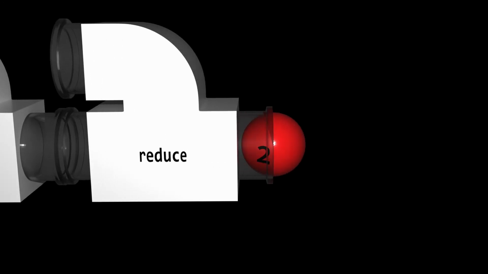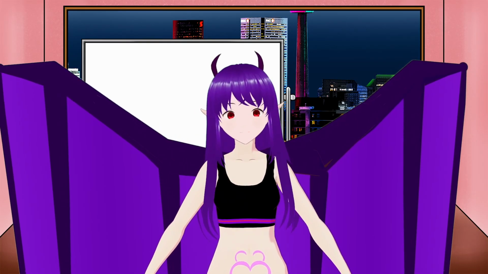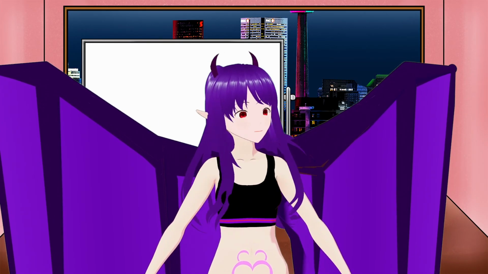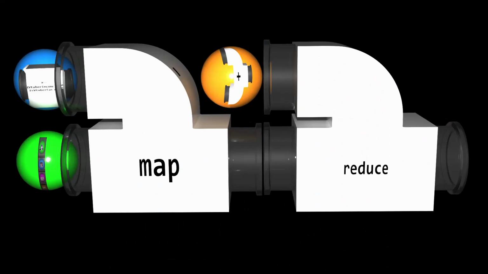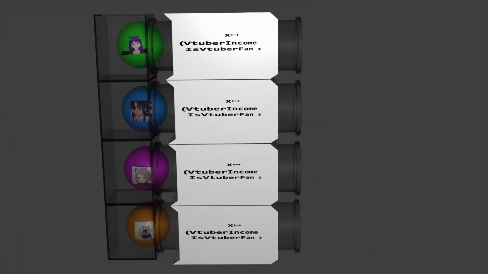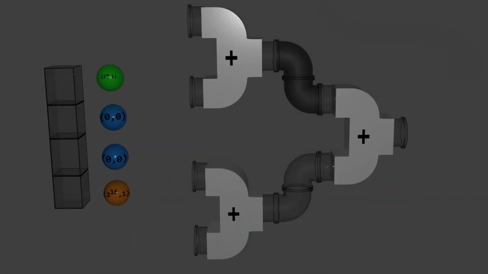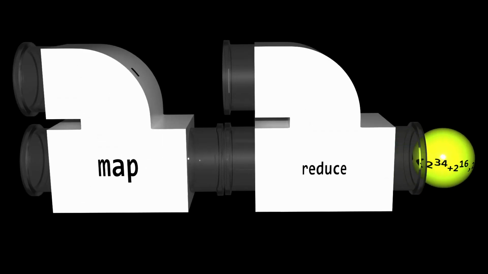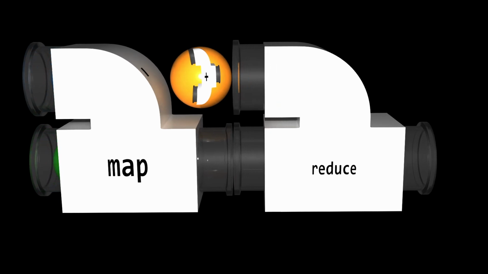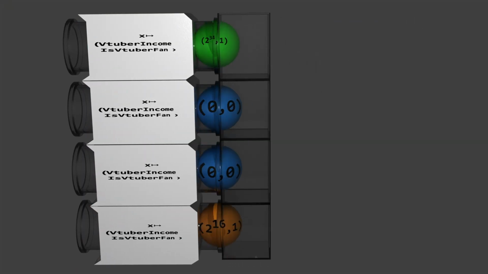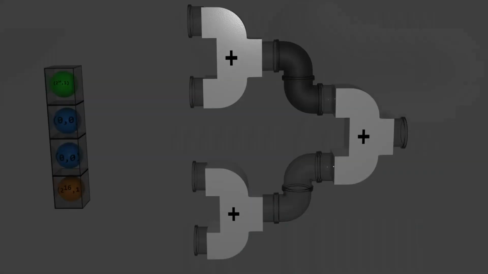However, what if we wish to get more than a simple count? How about calculating the mean average income? We can have our map function return a pair of values. The first value being the income if they are a VTuber fan, 0 otherwise, and the second value being 1 if they are a VTuber fan, and 0 otherwise.